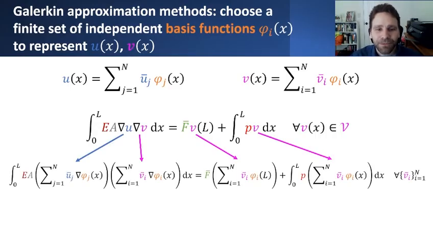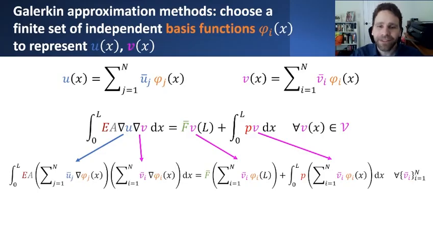Plug them into these expressions, work things around. Notice that these expressions have to be satisfied for any possible choice of these arbitrarily selected virtual displacement coefficients, the V bar sub i's. So for any possible value of V bar sub i ranging from i equals 1 to n, these equations still have to be satisfied.